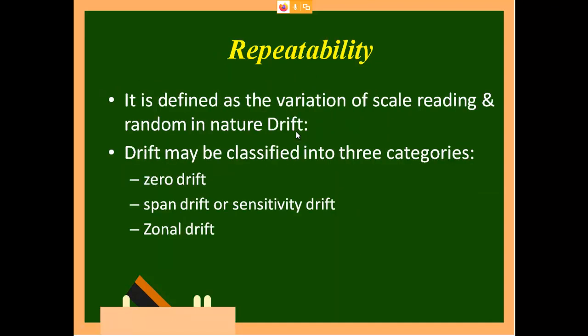It is defined as the variation of scale reading, random in nature, called drift. Drift, I think you might have heard this word somewhere: drift current and diffusion current. What is meant by drift current and diffusion current? When two different persons are brought closer to each other, there will be flow from one person to another.